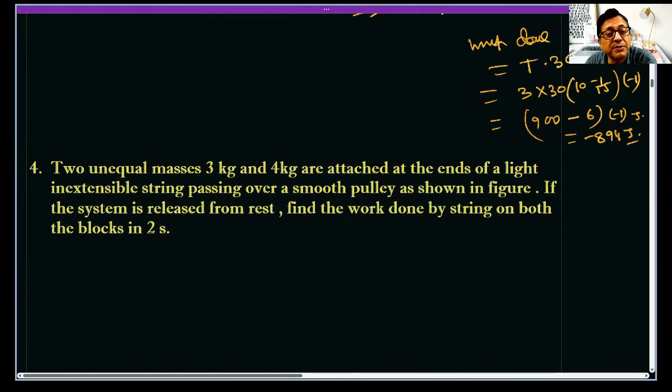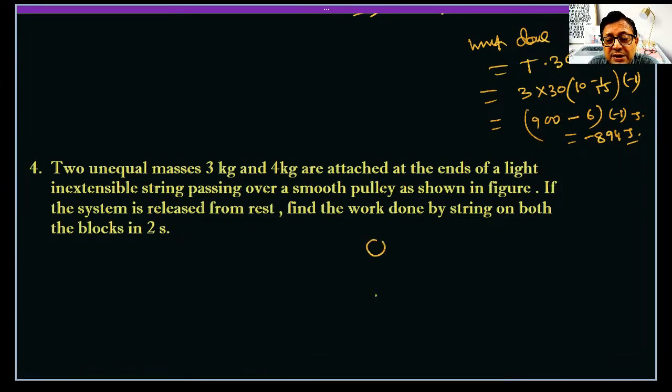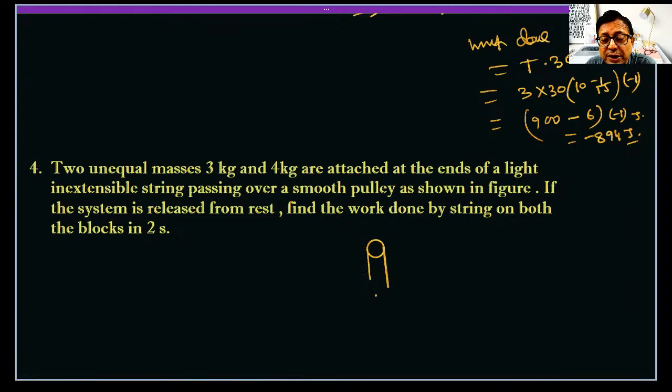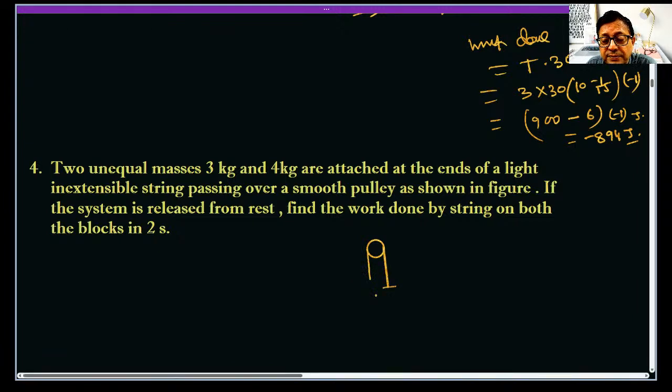Now consider the case of the Atwood machine. Two unequal masses, 3 kg and 4 kg, are attached at the ends of a light inextensible string passing over a pulley as shown in the diagram. This is the diagram.